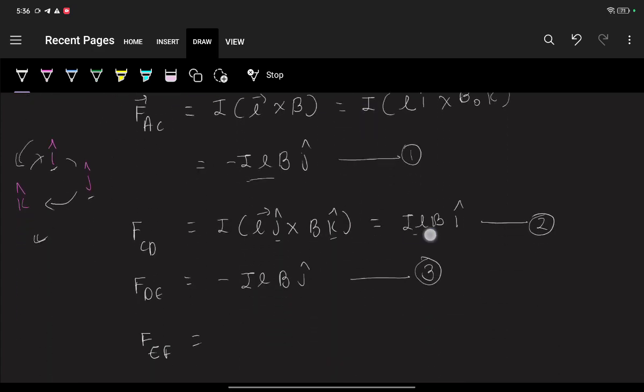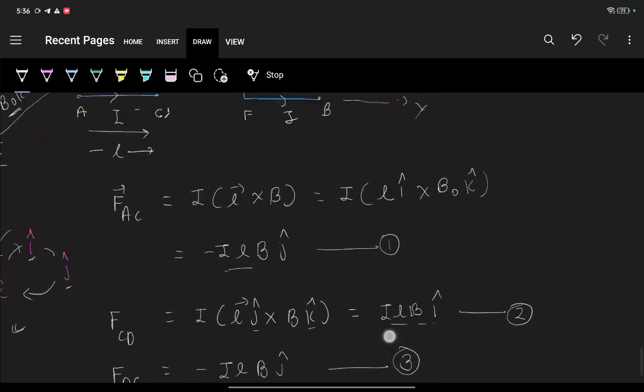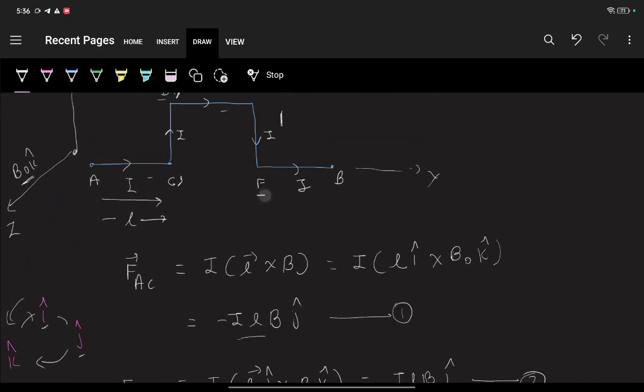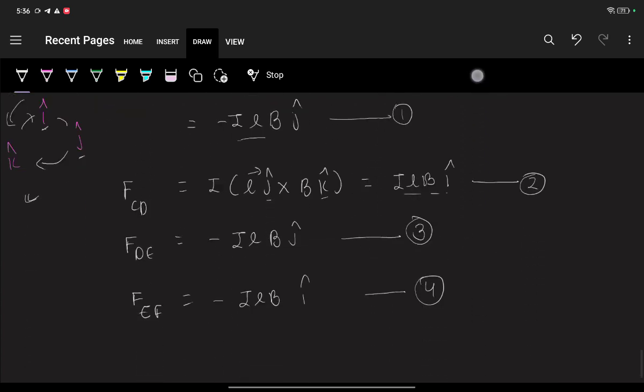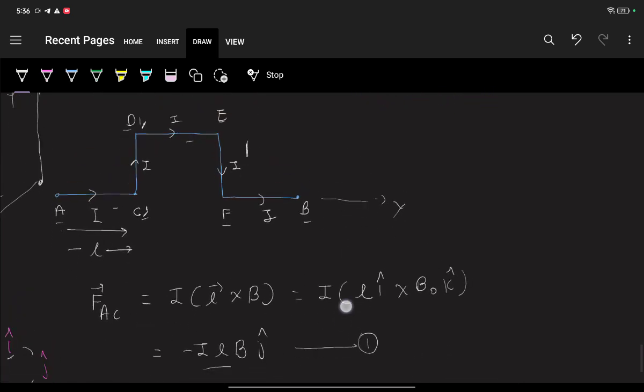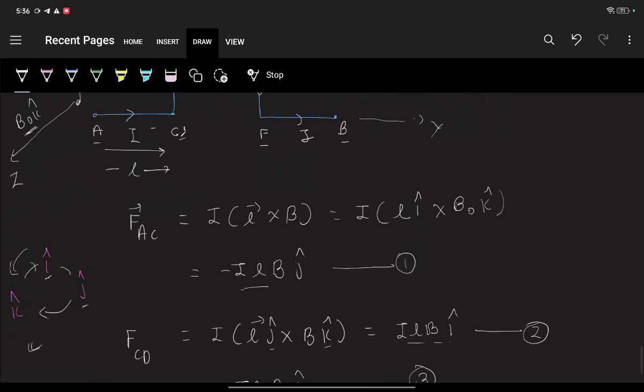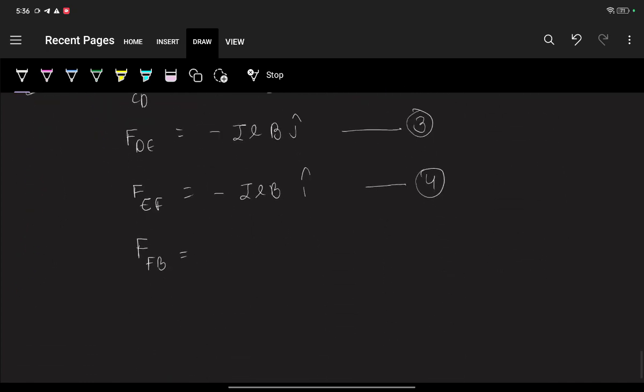It is ILB i cap. So F_EF would be minus ILB i cap. This is the fourth section. And the fifth section is FB. The force would be the same as this section AC, because they are in the same direction. So F_FB would be minus ILB j cap.